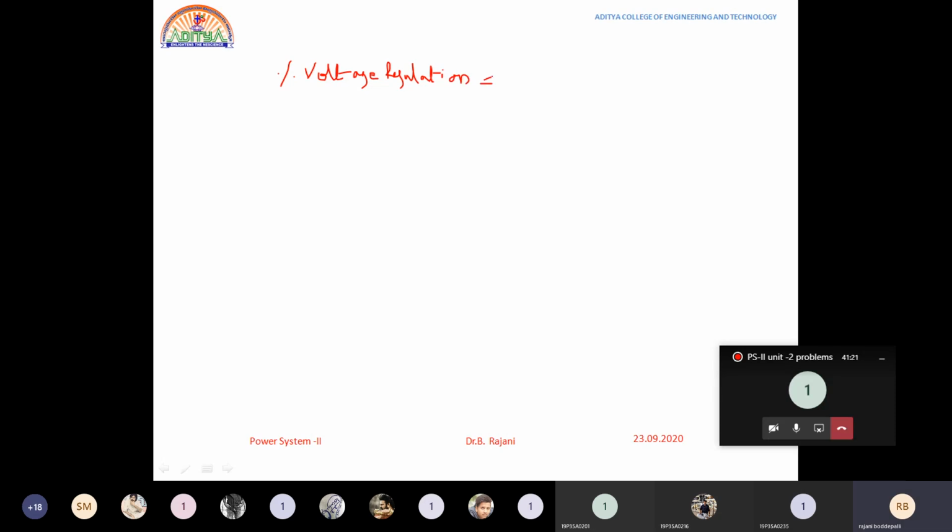I lags V by an angle phi, so it is a minus sign. The angle between voltage and current means the difference. So voltage angle minus of minus, that angle we have to put, and you will get the power factor at the sending end side.